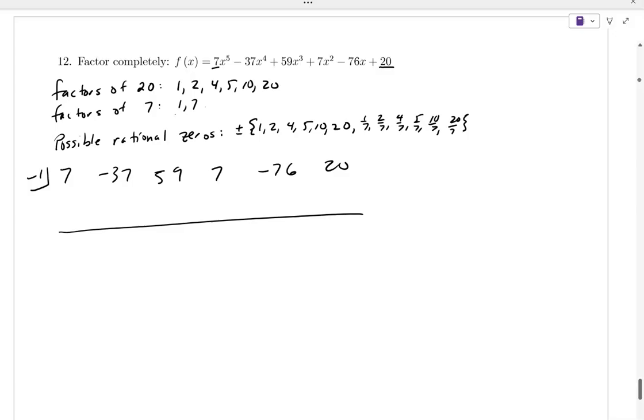All right, so put our coefficients here of our polynomial across the top and do our synthetic division. Bring down the 7, multiply by -1, so we get -7, add -44, multiply gives me positive 44.